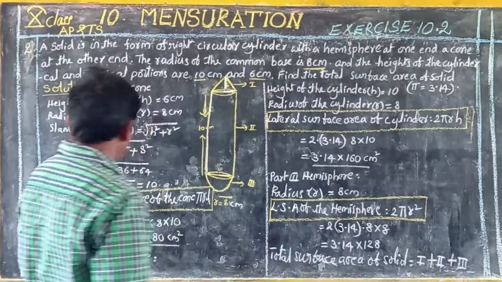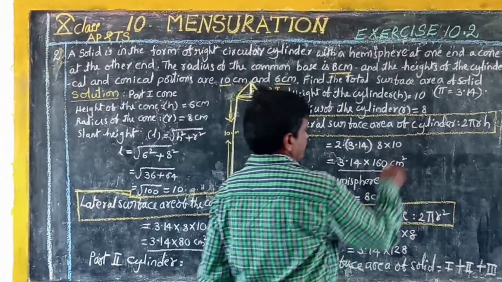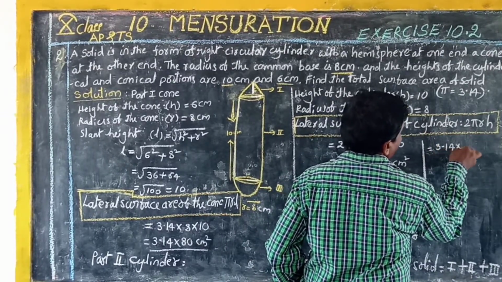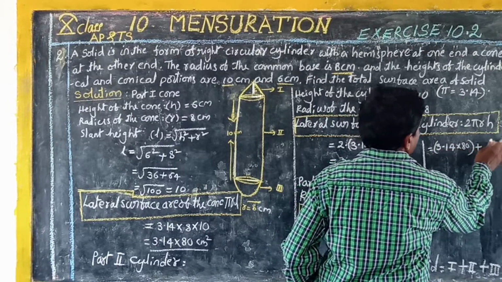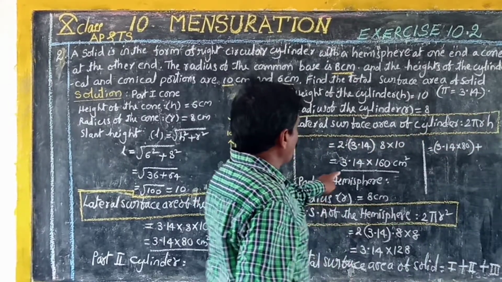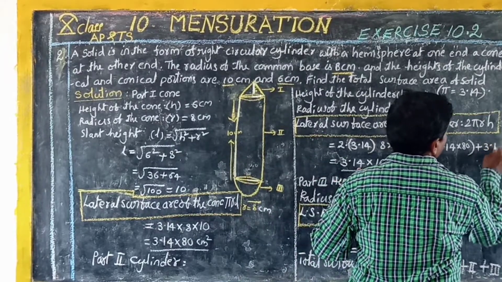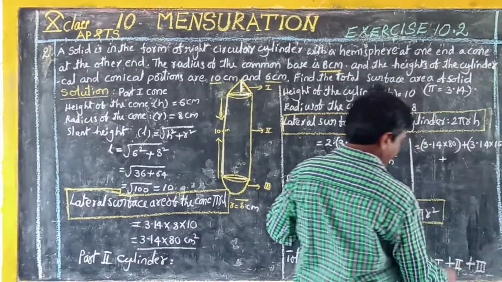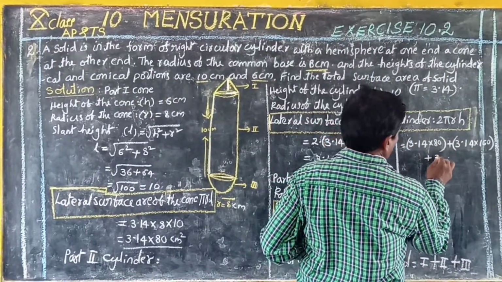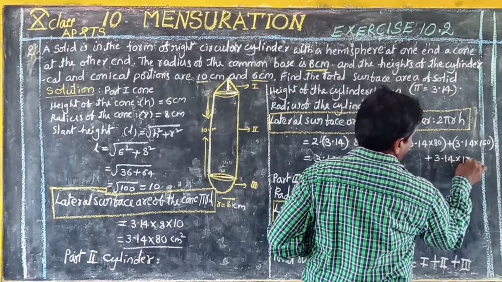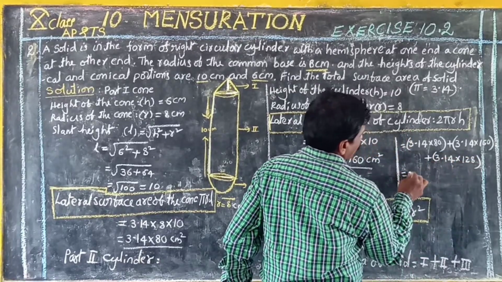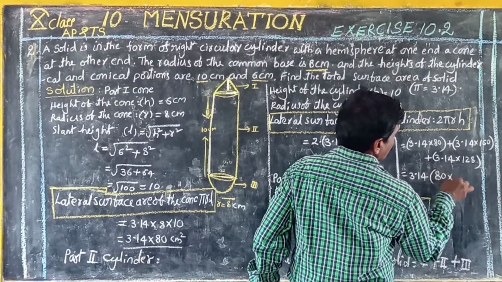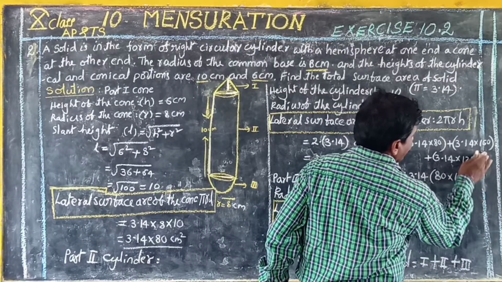Part 1 is equal to 3.14 into 80, plus part 2, 3.14 into 160, part 3, 3.14 into 128. Taking 3.14 common: 80, 160 and 128.